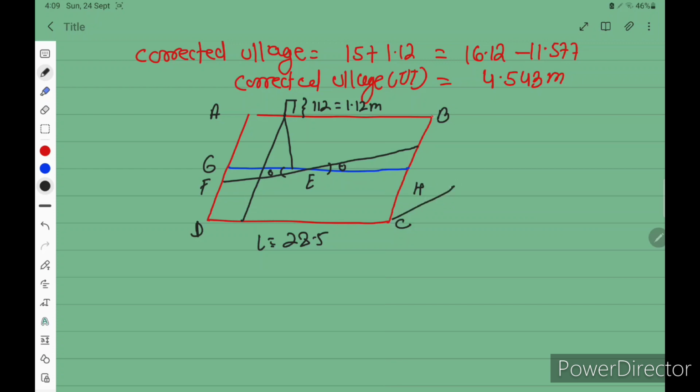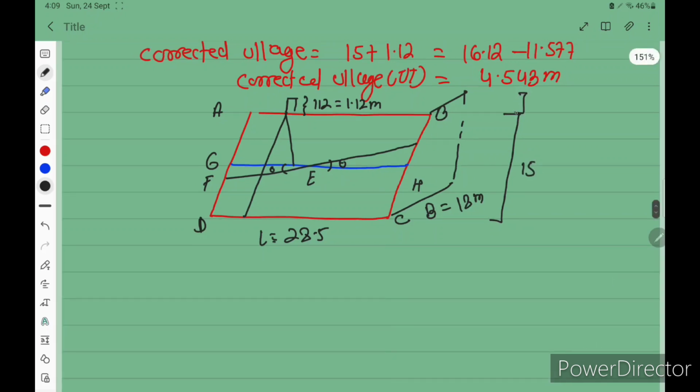If you say this is like this tank, so this breadth is equal to 18 meters, and if you say this height is 15 meters plus ullage location 112 is equal to 15 plus 1.12 is equal to 16.12. This is the total height.